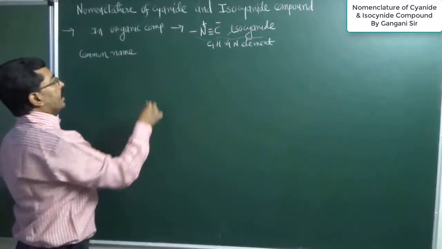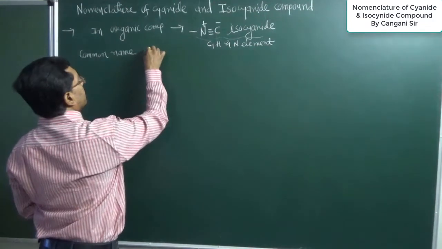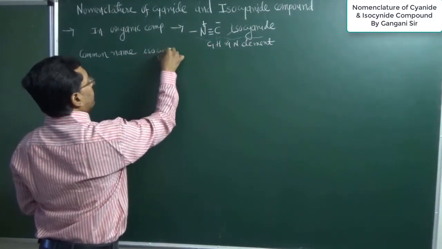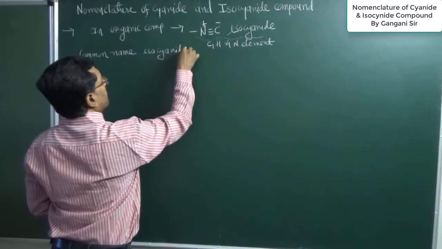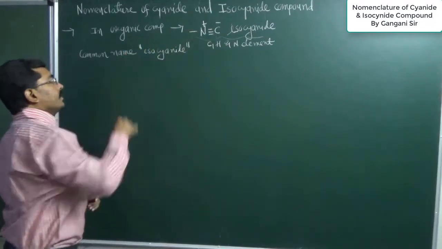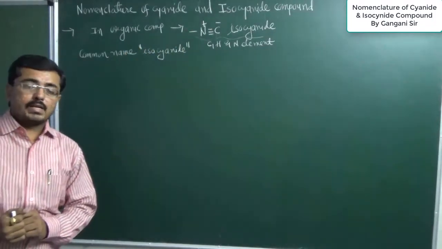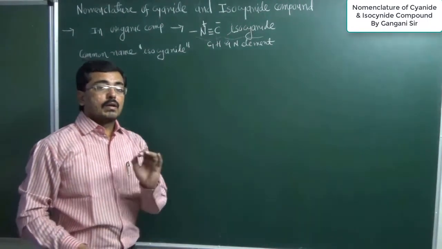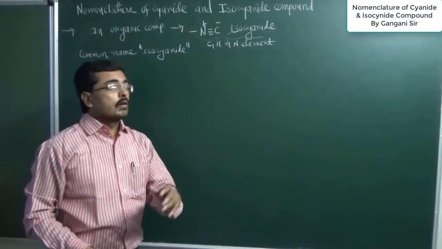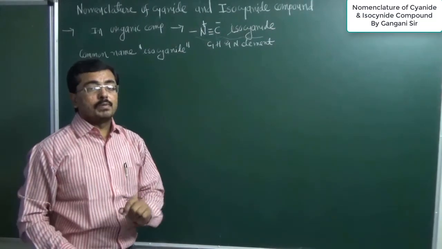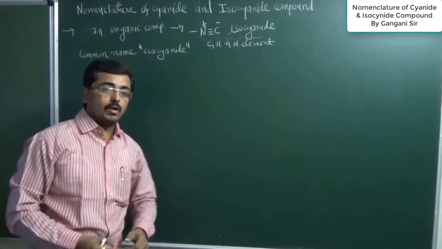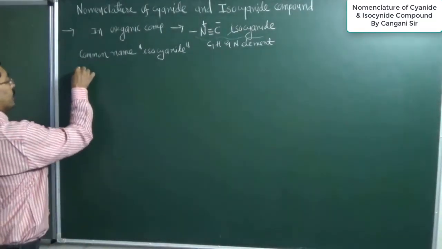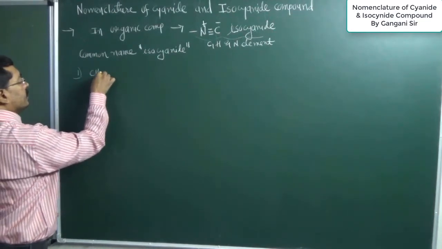We use the suffix isocyanide for common naming of isocyanide compounds. When we use the word isocyanide, the carbon of the isocyanide group is not considered in a long chain. So we can give names by using this method.